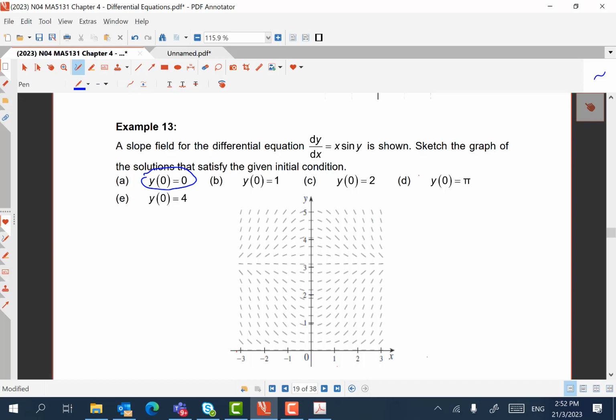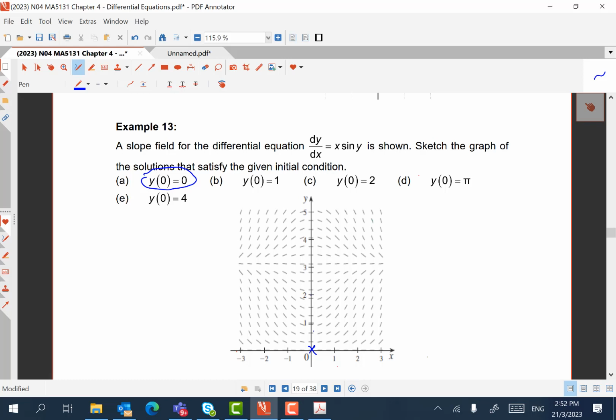So that means it must pass through this point. If you're asked to draw from the slope field a solution curve that passes through the origin, how do you think it will look like? Yep, it's a horizontal line.